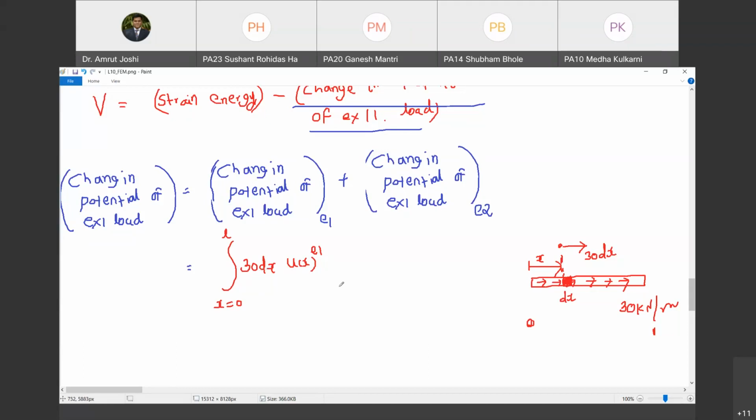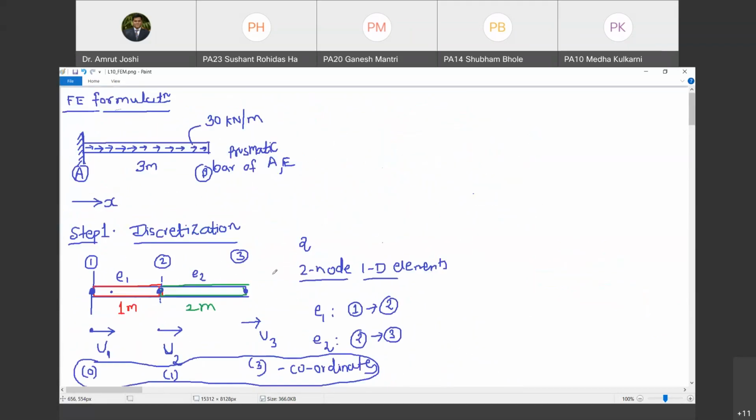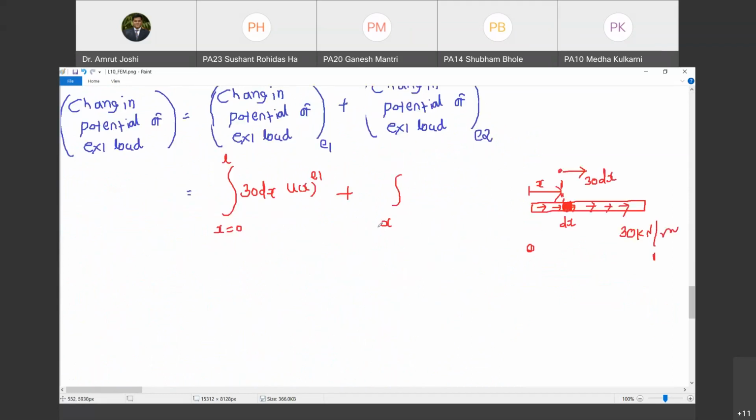Yes. Now, how do I write the change in potential for external load in element number 2? That's also easy. The load is not changing, so the expression is going to remain the same, except instead of x equal to 0, I will start with x equal to 1 to x equal to 3.